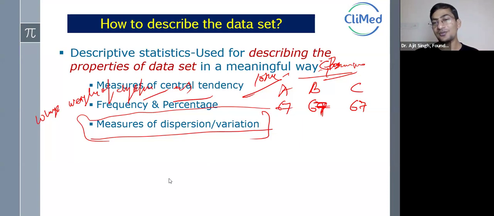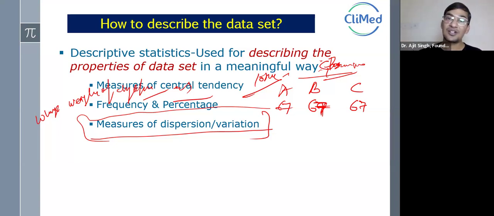No, no, no. So there is a difference in each individual, guys, and that is called measures of variation.